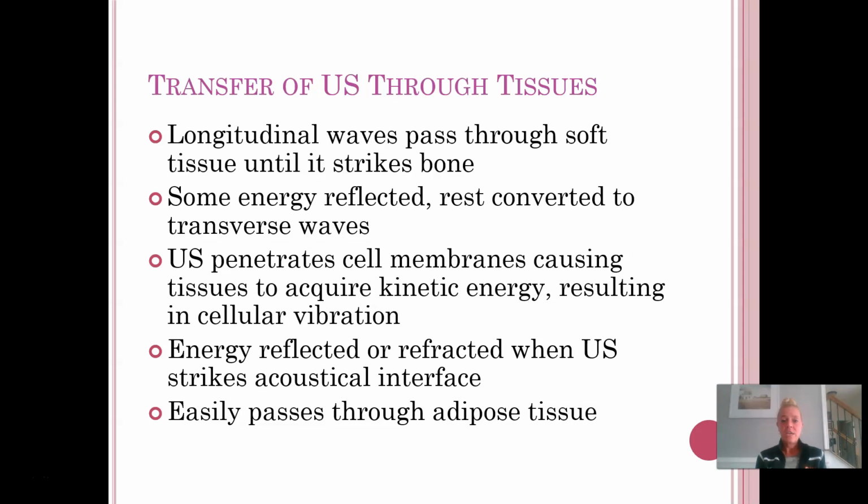Ultrasound can penetrate cell membranes, and then that causes the cell to acquire some kinetic energy, which causes it to vibrate a little bit, and then that vibration gets passed to the next cell and the next one. Again, energy is reflected or refracted every time the ultrasound strikes an acoustical interface. So again, that change from skin to adipose, from adipose to muscle, muscle to nerve.